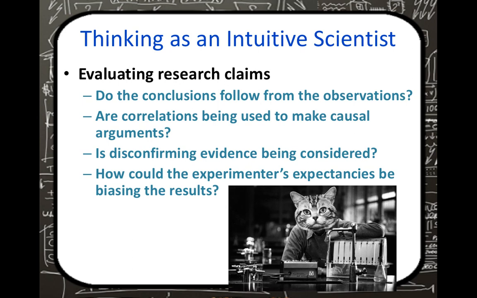And how could the experimenters' expectancies be biasing the results? Is it a single blind study and therefore they may be treating their patients differently in the experimental group than in the control group? Is there some sort of self-fulfilling prophecy going on?